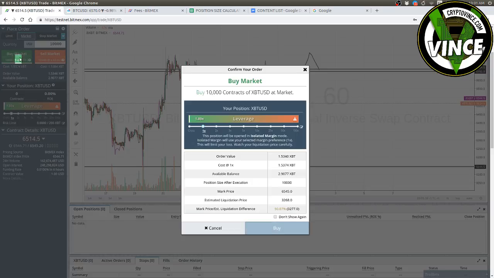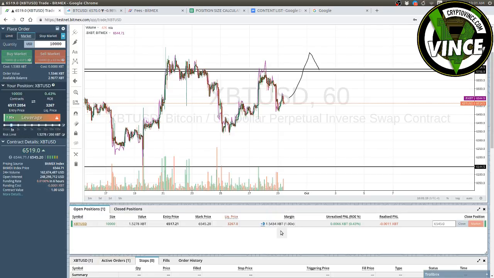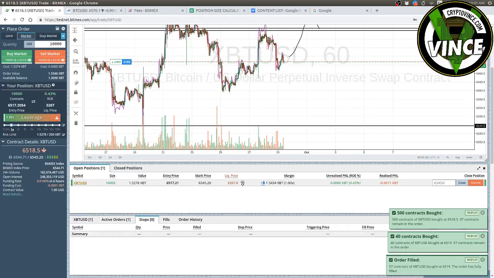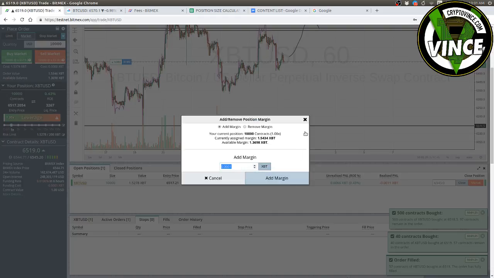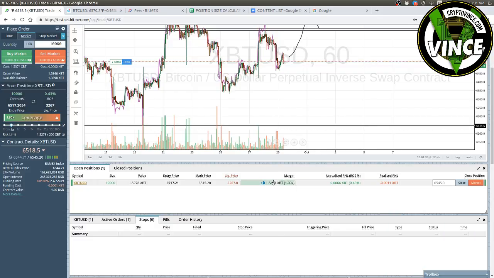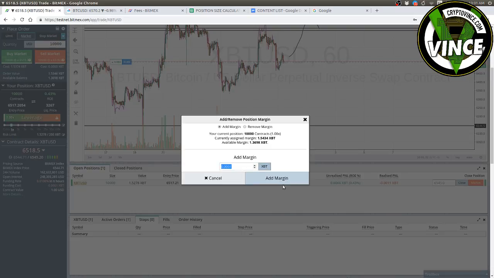If I'm in a long position here, you can add the margin from here. This is the tool. Open position. This is your margin, so the cost of the position. You can just go here and add more money, so you lower your liquidation price, pretty much.